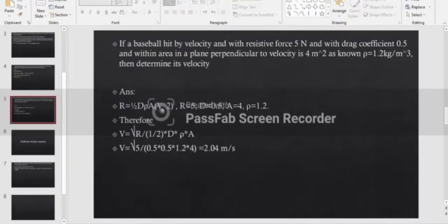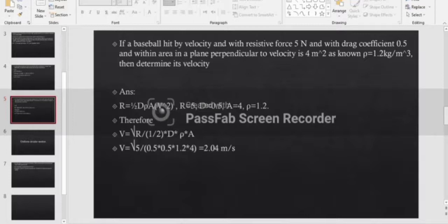And the second example is on model 2, which is moving with high speed in air. As shown, a baseball is hit with resistive force 5 newtons and drag coefficient, which is the same as the resistive coefficient, equal to 0.5.